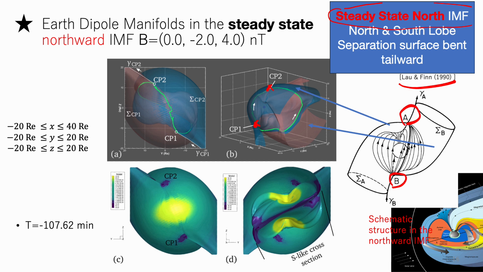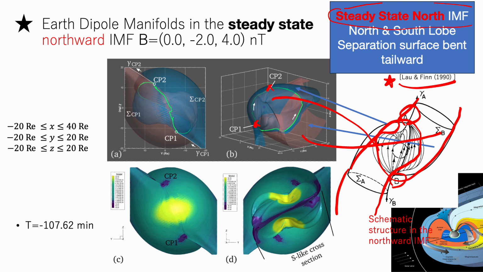And this blue separatrix corresponds to sigma A, and this brown separatrix from CP1 corresponds to sigma B. For the Lau and Finn case, sigma A spans towards south, and sigma B spans towards north.